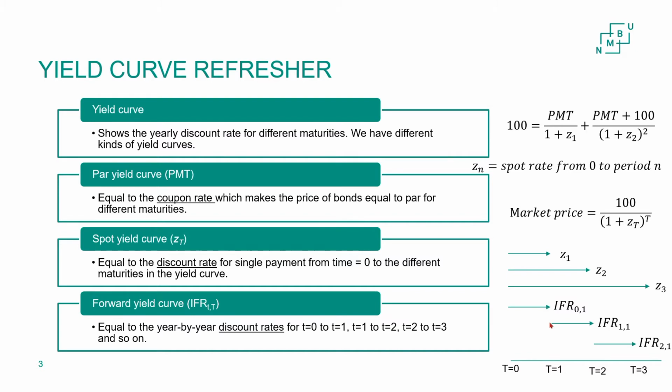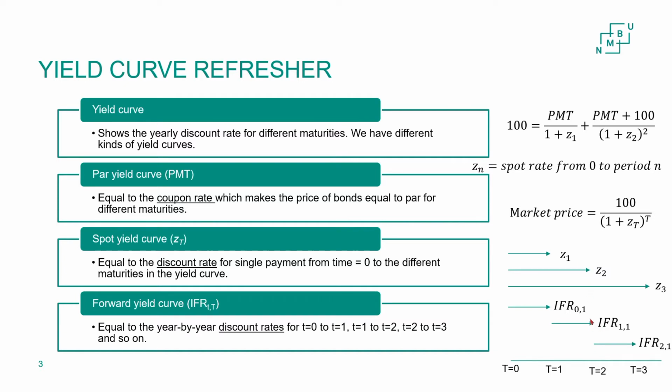However, the 1 year into 1 year implied future rate covers the distance between the 1 year and the 2-year spot rates. So how do we find the implied future rate?